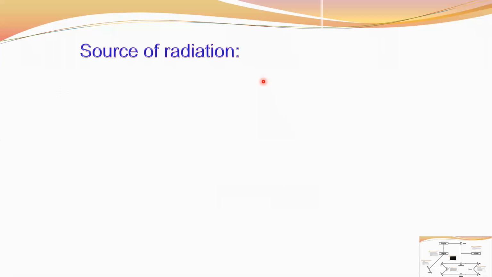Okay. So here we know that a black body radiator is radiating all the wavelengths, but with a different intensity. So an ideal source must be a black body radiator, but it is impossible to get a perfect black body radiator.